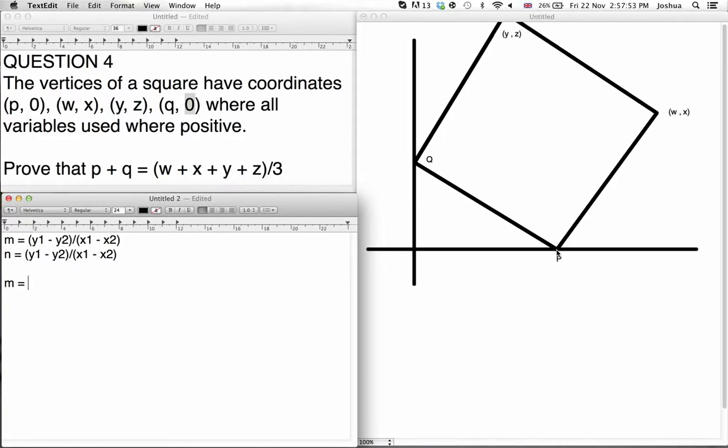So it's going to be 0 minus Q, 0 minus Q, divided by, and then it's going to be P minus 0. And that should give you the thing. I'm going to just cancel that out to P, this to negative Q, so you get minus Q divided by P. That is the gradient. You can see that there.